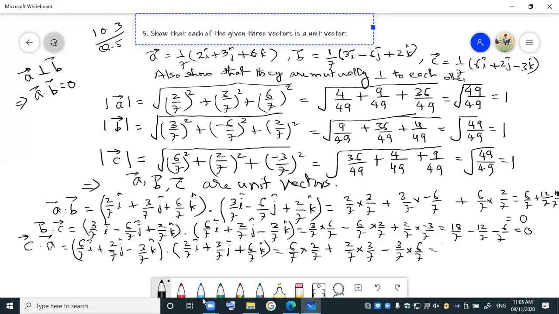So again, 6 2s are 12, 12 by 7 plus 3 2s are 6 by 7 minus 18 by 7 is equal to 0. Which shows that a, b, c are mutually perpendicular to each other.